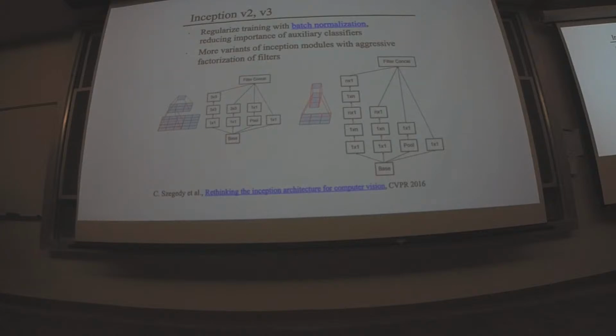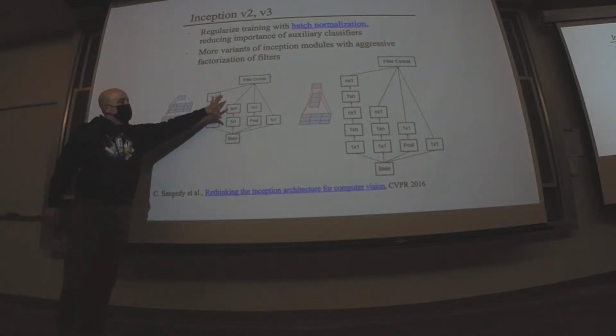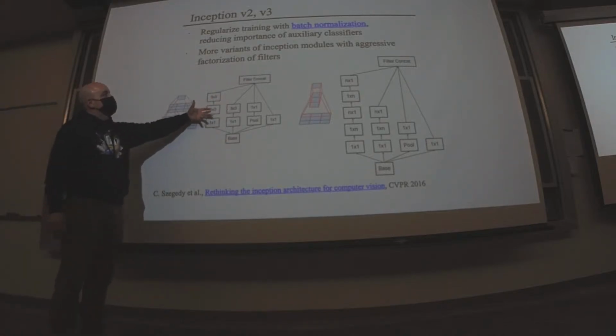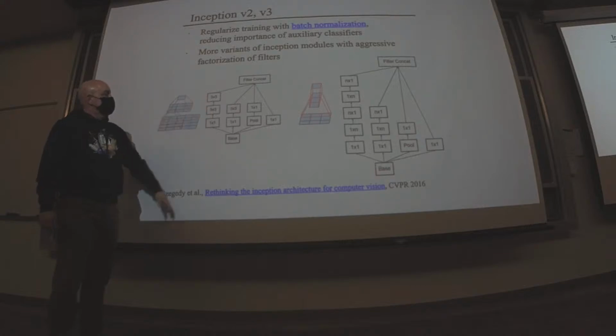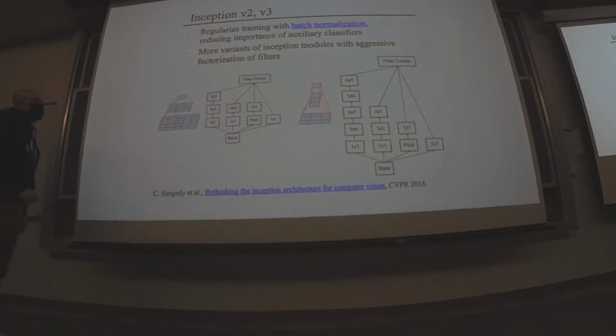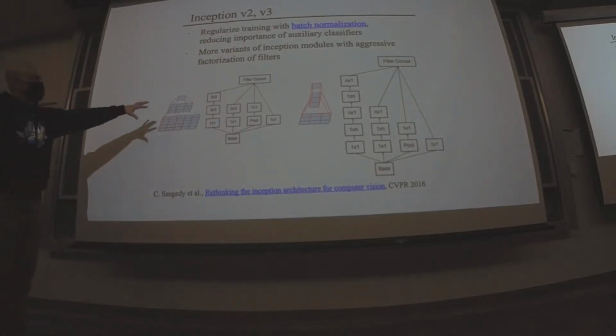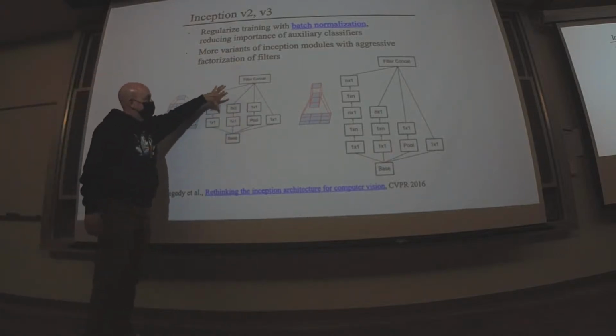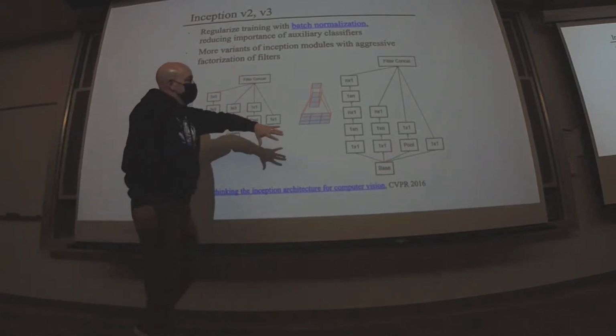Hey, remember we were talking all about Inception V2 and V3 through this whole thing, but we didn't talk about what they actually were. So this is what V2 and V3 are. V2 adds batch normalization, and then V3 does this kind of factoring of the filters in each one of these modules. So this was a kind of standard module.